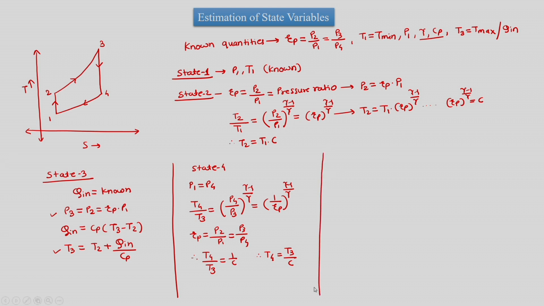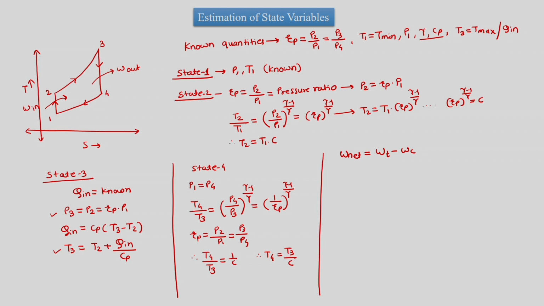So knowing all the things this way and knowing all the corners of the Brayton cycle, we can proceed to find out the performance parameters of the Brayton cycle. Among those performance parameters, one is the net work. Net work of the Brayton cycle is turbine work minus compressor work, since in the turbine process we do work, whereas in the case of compressor, we take work.